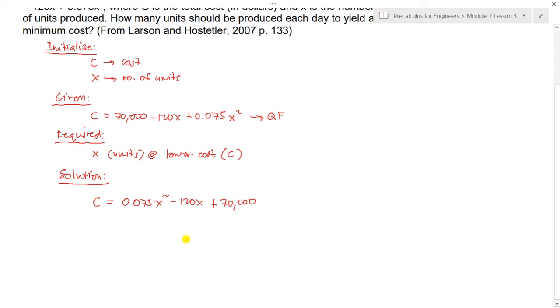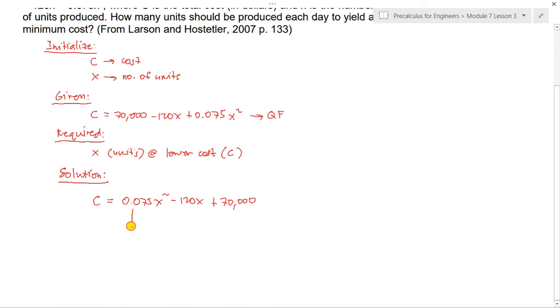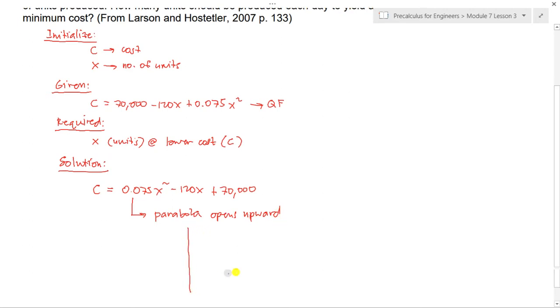Okay, kaniya quadratic function, since the leading term has a positive sign, so therefore this is a parabola or a quadratic that opens upward, right? Opens upward. Okay, kung inyo ma-remember, ang graph sa parabola that opens upward would look like this.